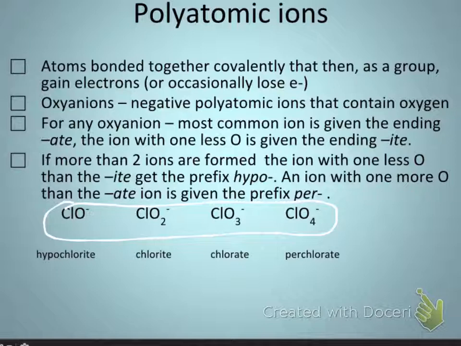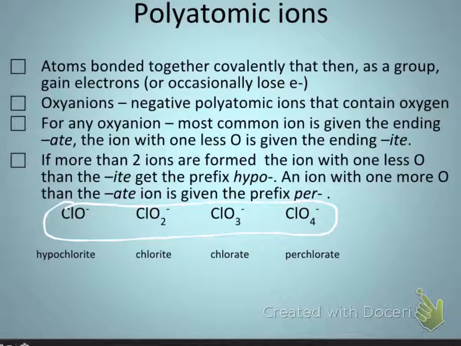So, of the nitrogen-containing oxyanions, which one is more common? Nitrate or nitrite? Nitrate. It's got the ATE ending. Whatever has one less oxygen than the most common gets the ITE ending. So ITE always has one less oxygen than ATE.